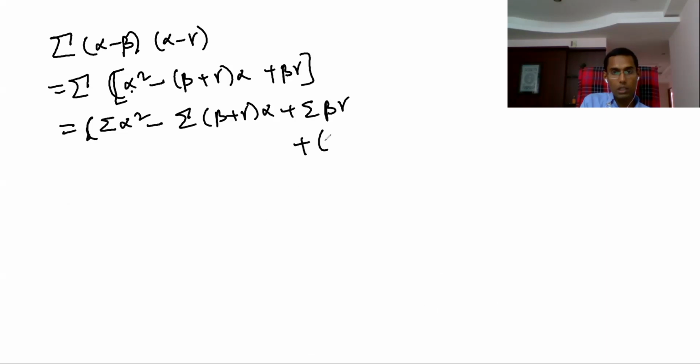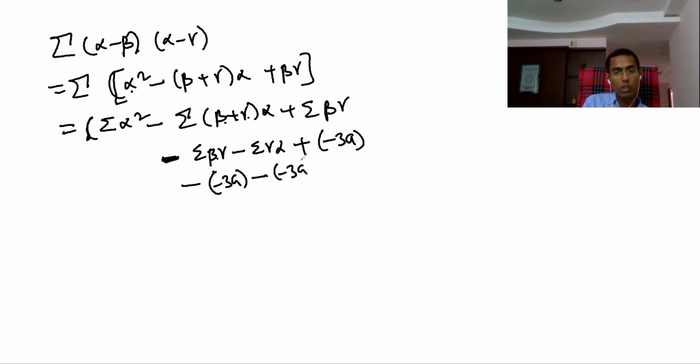This one is what you have, beta alpha, beta gamma is there. So very clearly, you're going to get summation beta alpha minus summation gamma alpha. This is all the same only, no? This is also minus 3a only. Finally, this is minus 3a only, right?